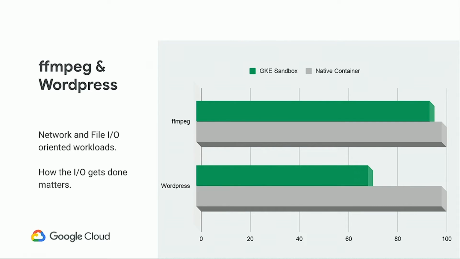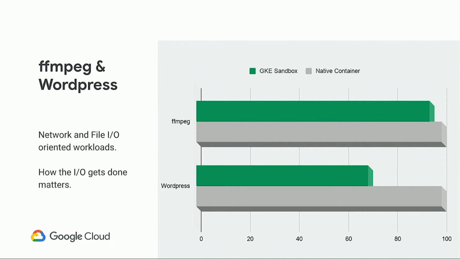Lastly, I'm going to show the FFmpeg and WordPress use cases. FFmpeg is a well-known open source transcoding program, and WordPress, as Ian already showed, is a blog and website hosting platform. They are both network and file-oriented workloads. However, the way they do I/O is different.